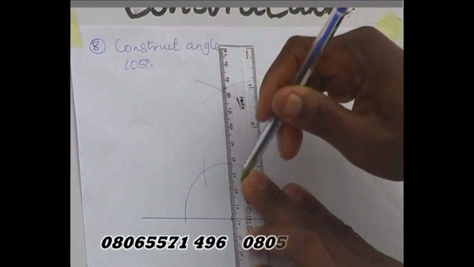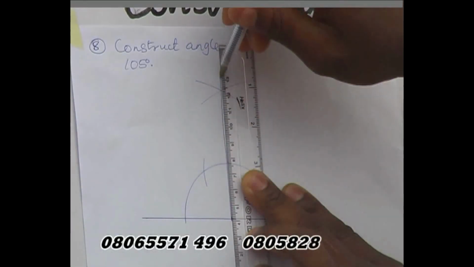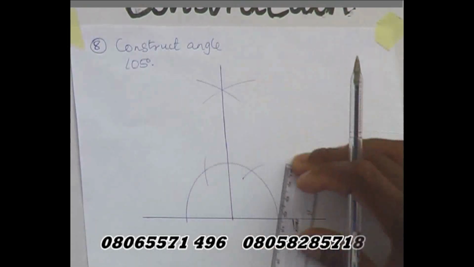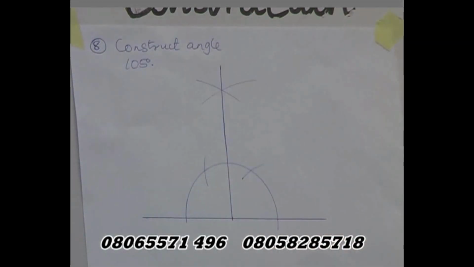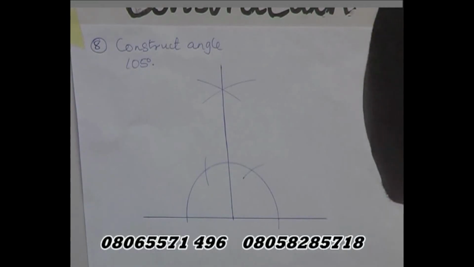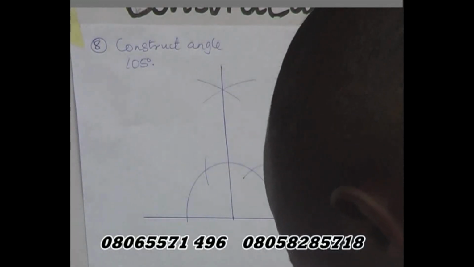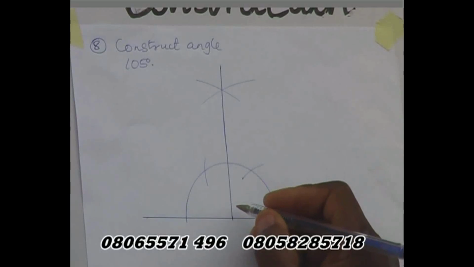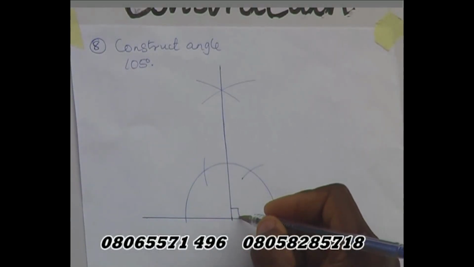Join the point. What you have done now is you have constructed a right angle here, that is 90 degrees.